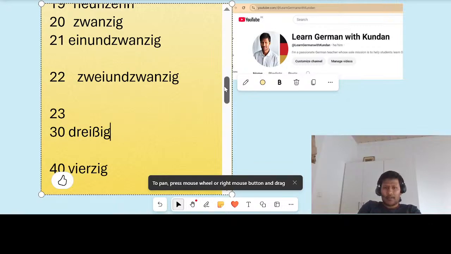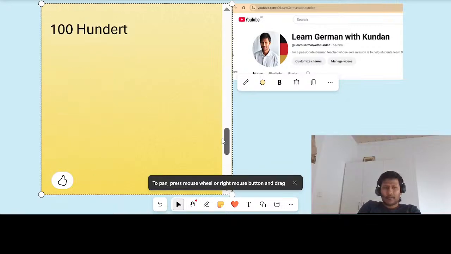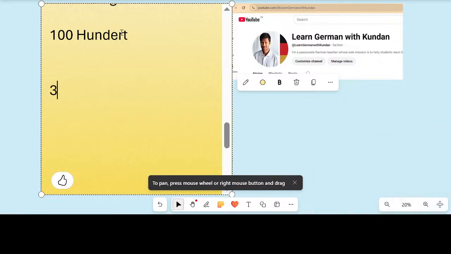Let me come here at the bottom and then write it, 35. Fünf und dreißig. Okay, so if ß is not there in keyboard, then what you have written is perfectly okay. But if you have ß, then you can use it for double S, that one, right? Is it clear?